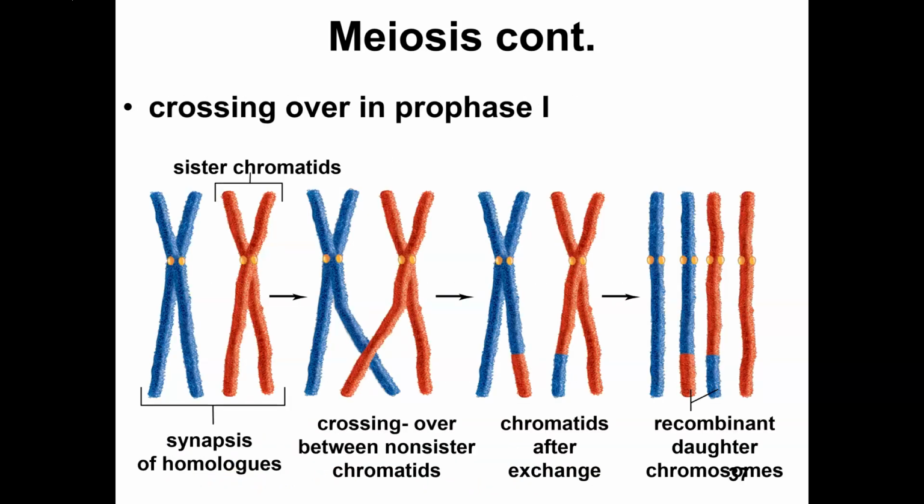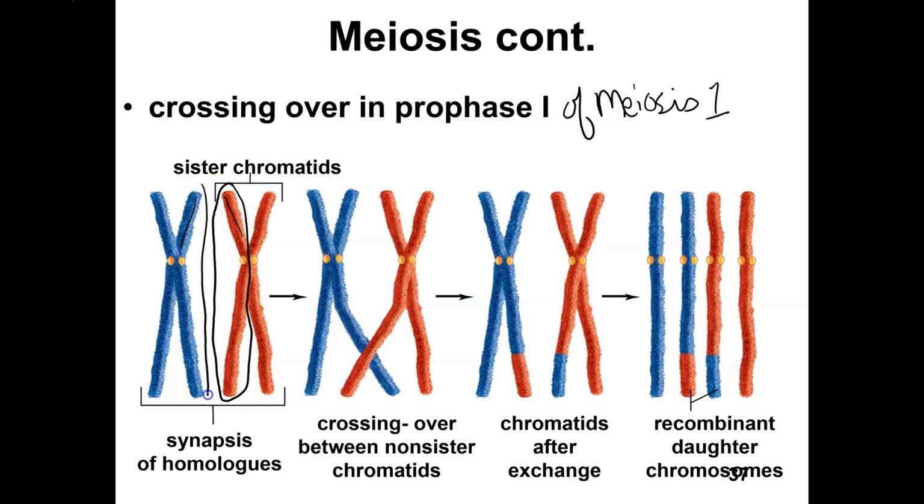So what is crossing over? Crossing over occurs in prophase 1 of meiosis 1. And it occurs between the non-sister chromatids of homologous chromosomes. So here we have one chromatid, and here we have another chromatid, right?